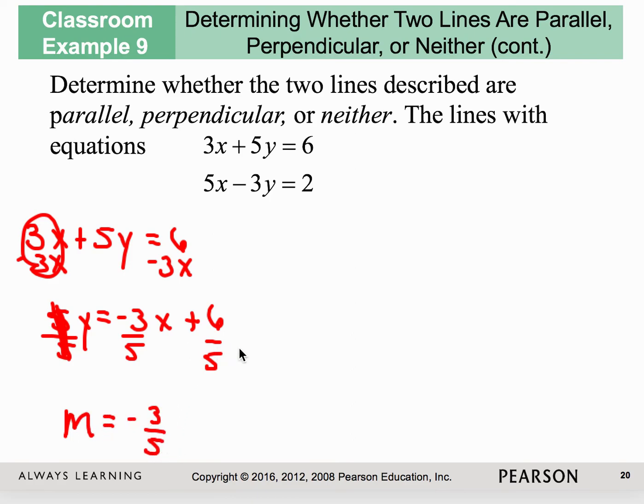Now, if I was trying to find the equation, I can't just leave this nasty stuff like this, but I don't care about the equation. I'm looking for the slope, and now I have found it. So let's do the same thing to the other equation. Okay, let's solve it for y so we can see what the slope is.